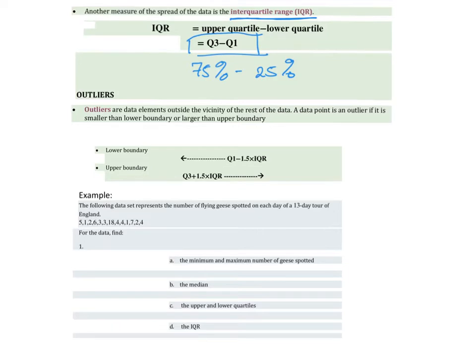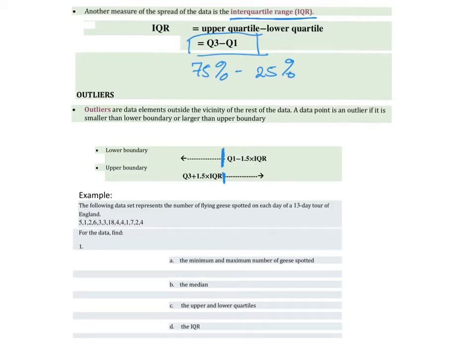Anything that is smaller than that value in our data would be considered an outlier. Our upper post is worked out by Q3 plus 1.5 times the IQR. And again, anything that is bigger than that is also considered to be an outlier. Anything in between those two values is not. So let's put this into action.